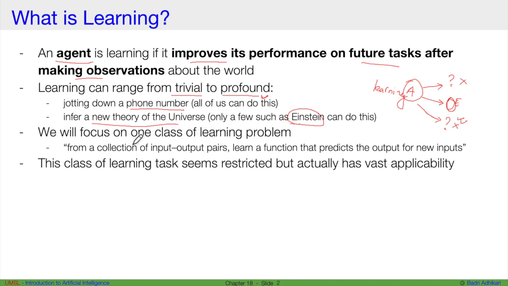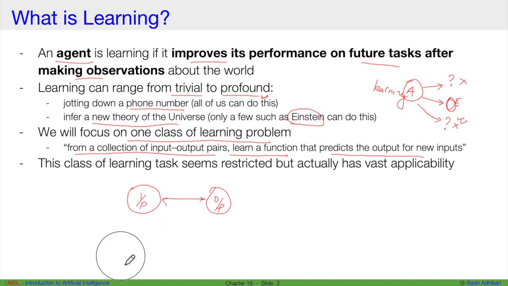In this chapter, we will focus just on one class of learning problems. This is a special type of learning, a subset of learning, where we will try to learn a function from a collection of input-output pairs to predict the output for new inputs. In other words, say you have certain inputs and the corresponding outputs, and we also have similar new inputs, but we don't know their outputs, right?